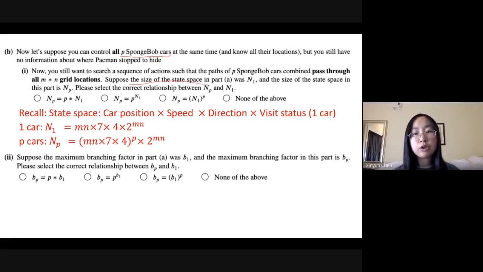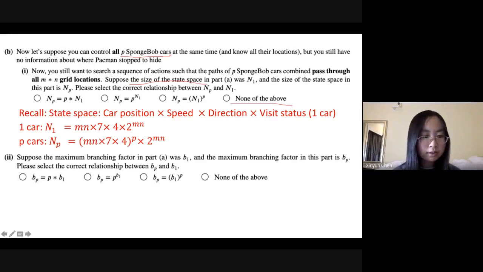This means that when we check the visit status of the cars, we only need to do it once for all the p cars instead of checking the visit status per car. So the last component is still 2 to the power of mn. In this case, the answer of this question is none of the above.